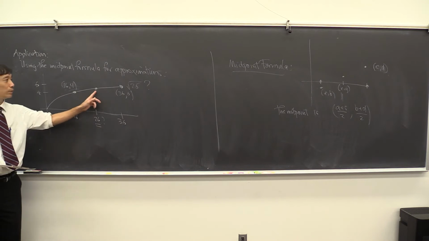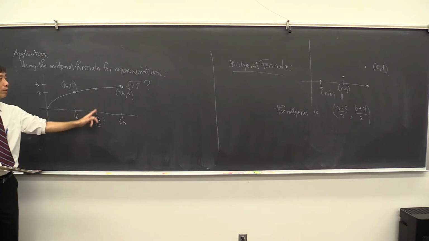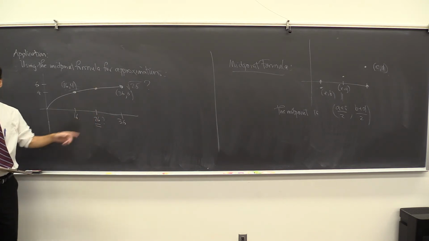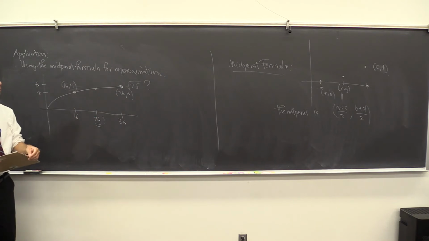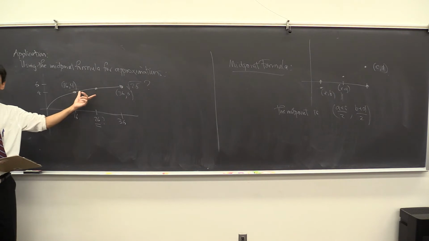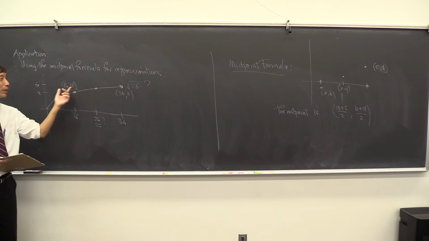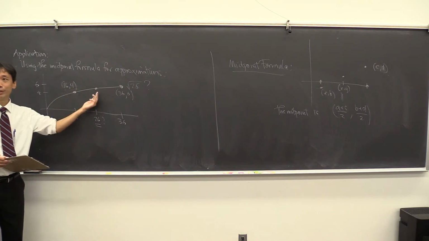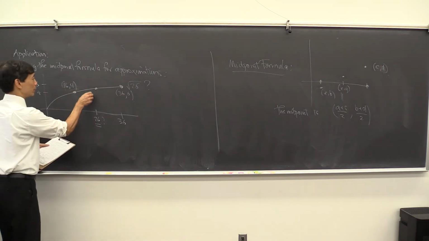Then what's the midpoint here? What's the average of 16 and 36? What's the difference between 16 and 36? 20, right? So halfway would be 10 over, right? So this would be 26.